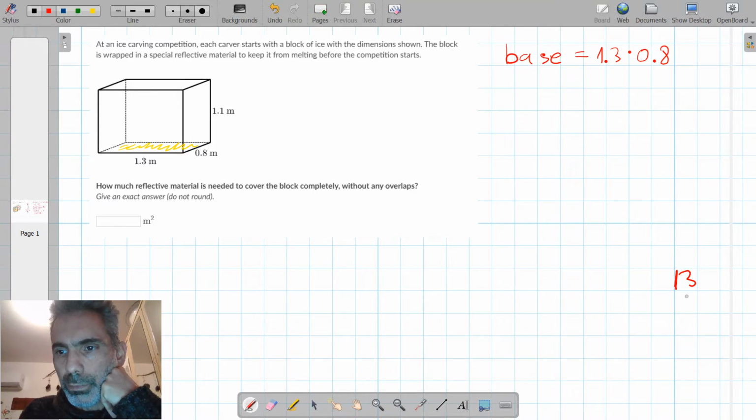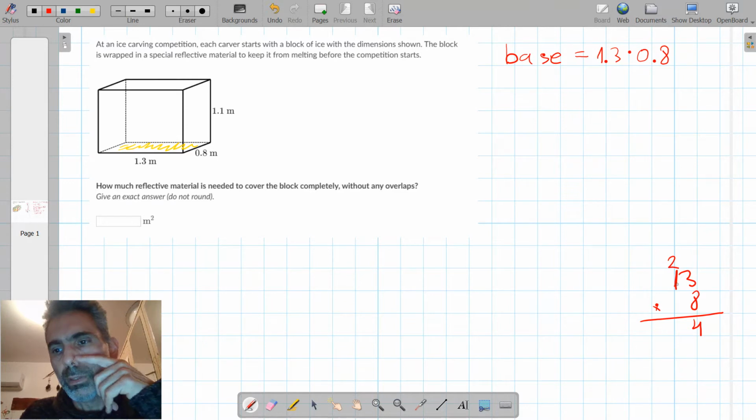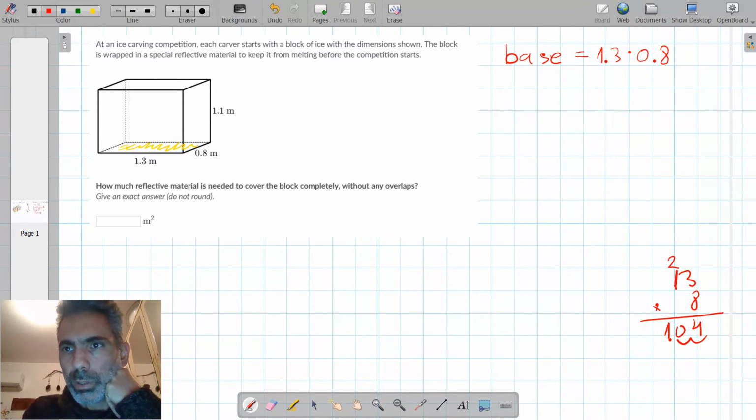So 1.3 times 0.8. 8 times 3 is 24. 8 times 1 is 8 plus 2 is 10. And I have 2 digits to the right of the decimal point, so I need to shift the decimal point 2 places to the left, so the answer is 1.04.